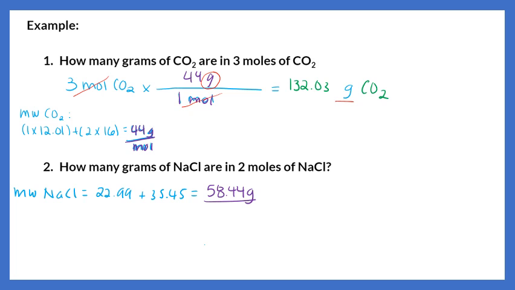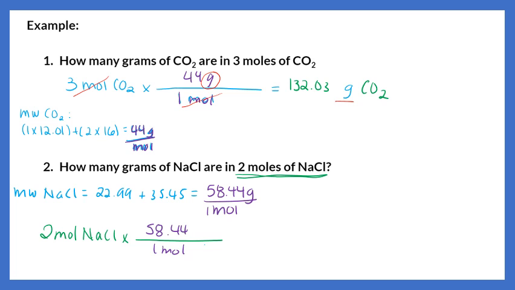58.44 grams per mole. So now I have a given 2 moles of NaCl. So I have my 2 moles of NaCl times, in that 1 mole, NaCl weighs 58.44 grams.